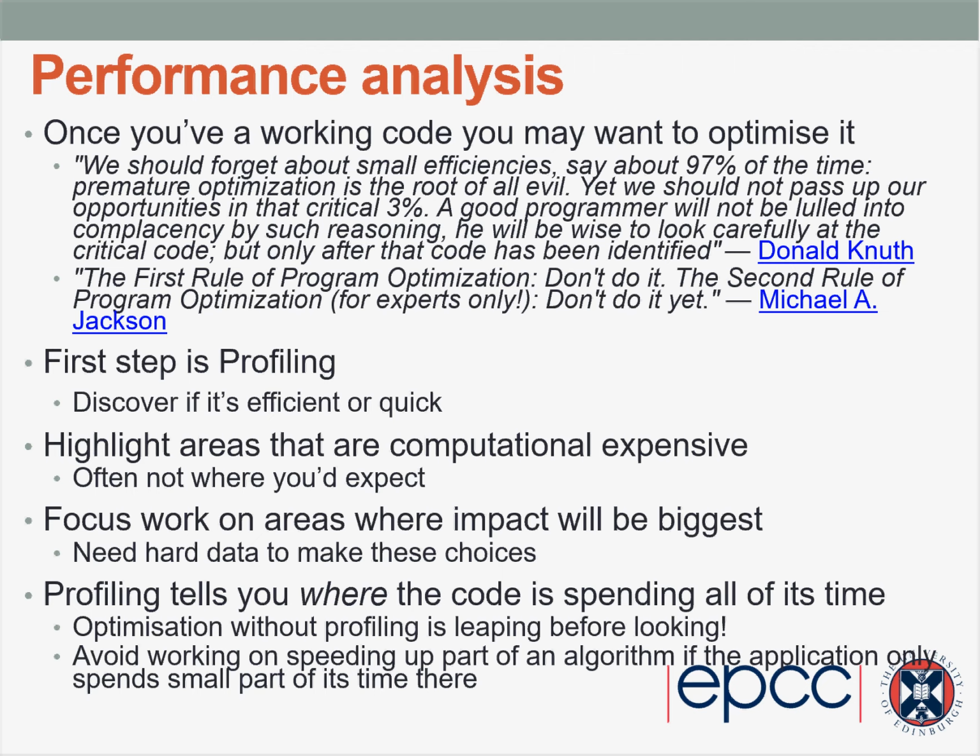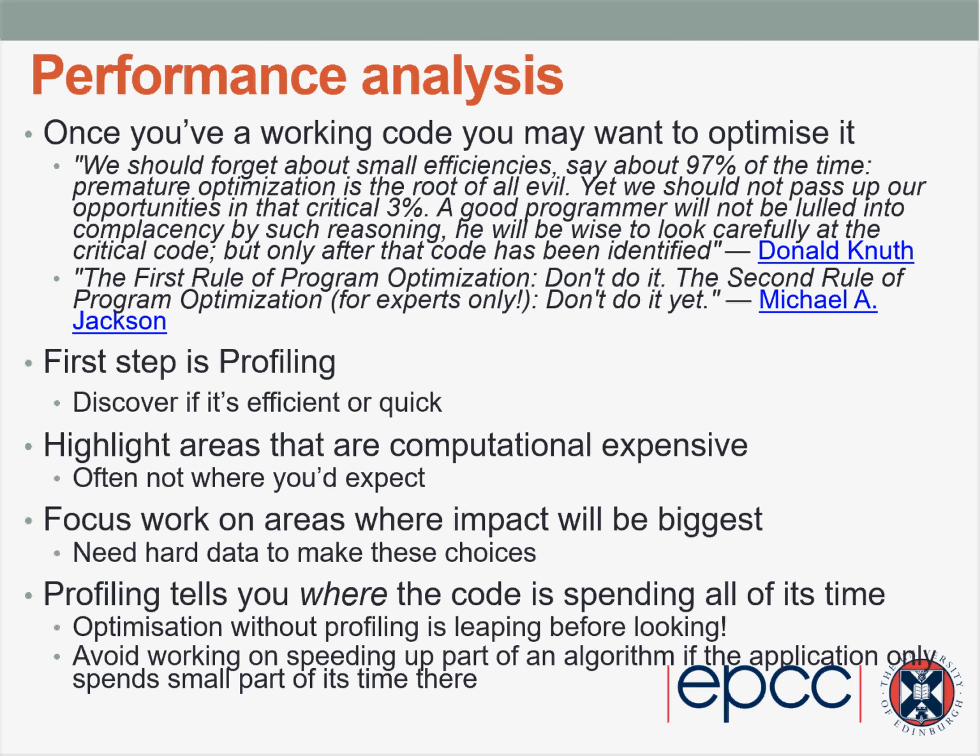If I spent a year trying to make a routine that only took 10% of the overall runtime faster, I could make it infinitely fast, and I would still not save my overall runtime very much. So we want to do profiling so that we can work out if we need to optimize the code and then where we need to optimize the code.